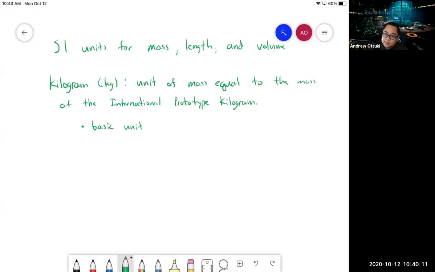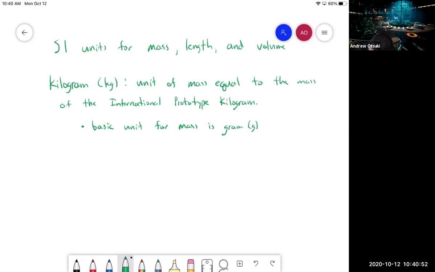You don't ever see megagram. Those are huge numbers. So kilogram is the most common. The basic unit is grams. In most chemistry problems, you'll see either kilograms or grams, and grams is more common for stoichiometric problems. But we'll get into that much later.